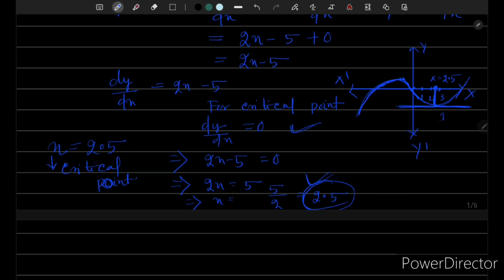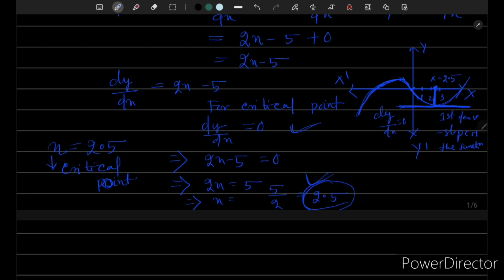As we know, the first order derivative equals the slope of the function, and here the slope is constant, that means dy by dx equals 0.